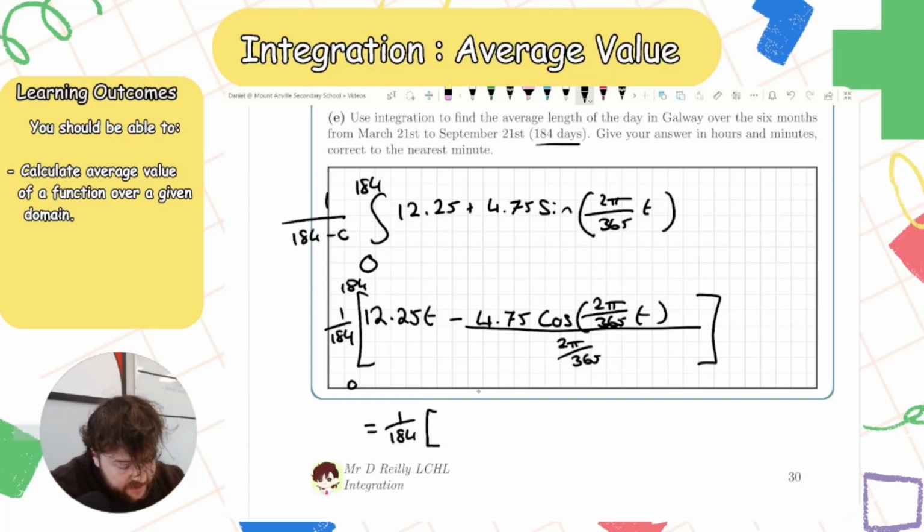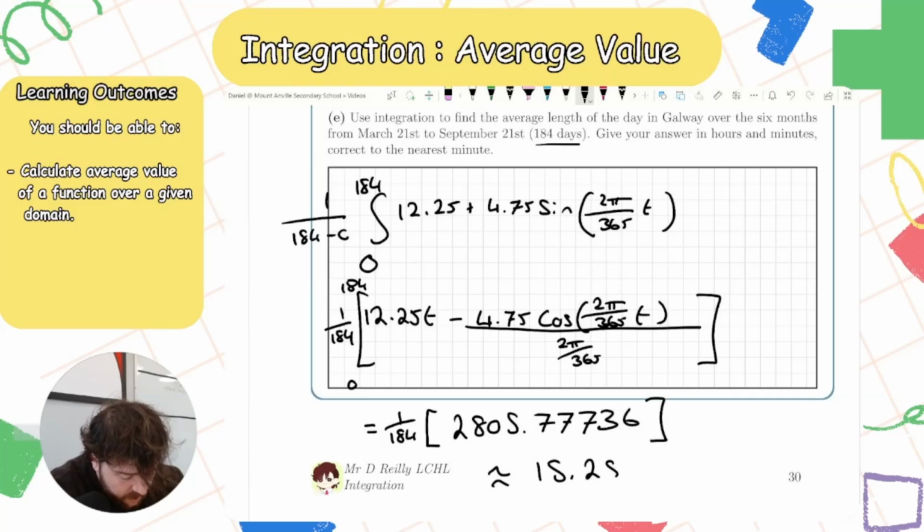If I sub in 184 and then subtract when I sub in 0, I should get 2805.77736. Then divided by 184, I should get my average value to be 15.25, which is roughly hours. It was asked to give my resultant hours in minutes, so it's 15 hours and then a quarter of an hour. So say 15 hours and 15 minutes.